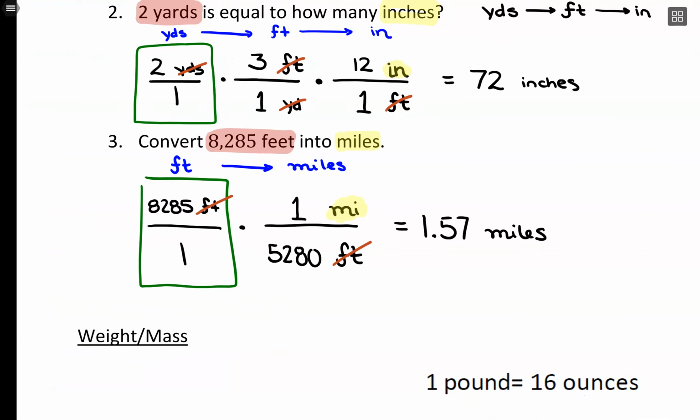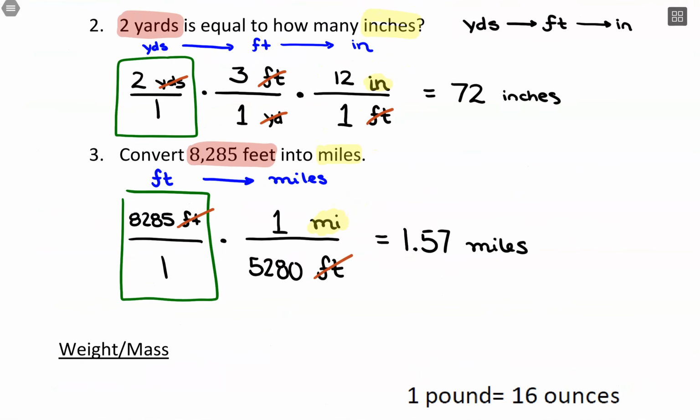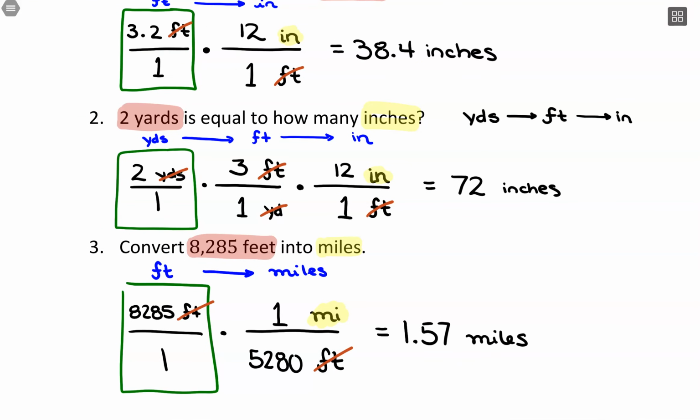All right, so we're going to keep going through these. I'm just going to show you lots of examples here. Out there, especially with Google available, sure, you can say convert 8,285 feet into miles, and it will tell you. Google's amazing. But part of this is showing your work. That's what you'll have to do for the exam. That's what you'll have to do for your written assignment.